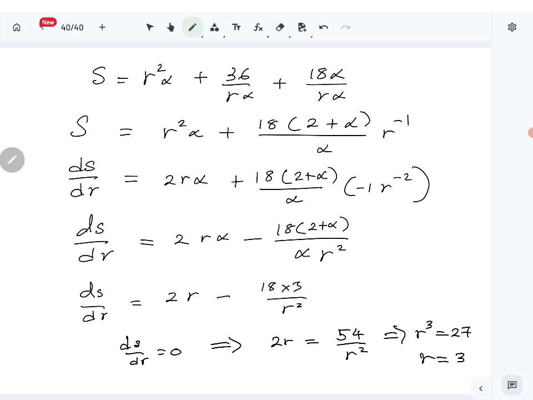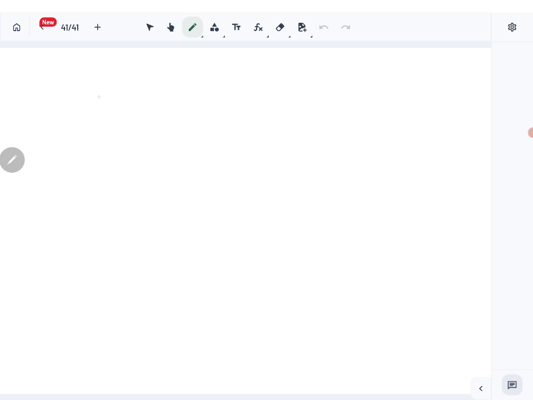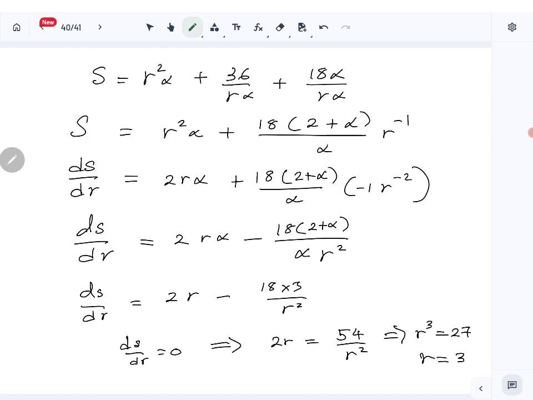So now let's check whether this is a minimum at r equals 3. Let's check the sign of ds over dr. Let me check r equals 1 as my test value here and r equals 5 as test value in the second interval. So substitute r equals 1. What do you get? 2 minus 54.